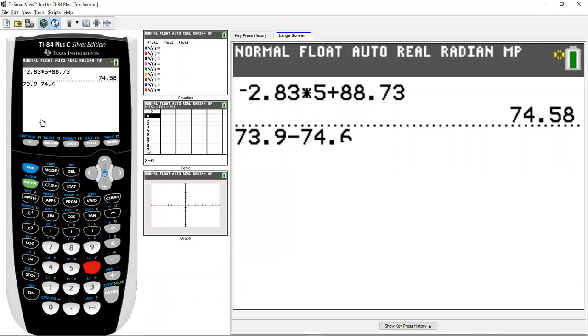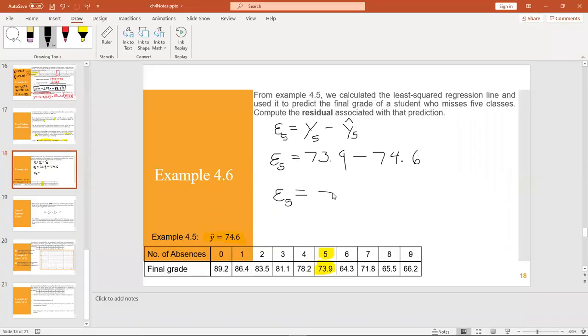And yes, I know I could figure it out by hand, but that's just too much effort. All right, there you go, negative 0.7, that is the residual. That is the error, or the residual, E sub 5, for when a student misses 5 classes.